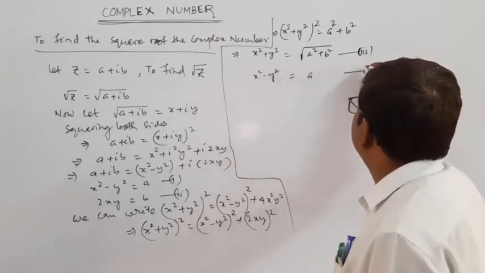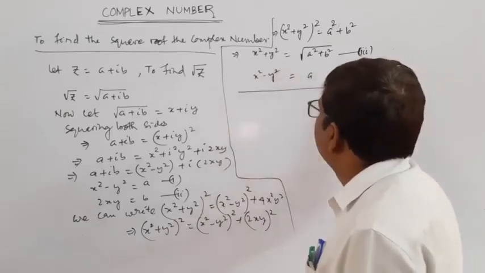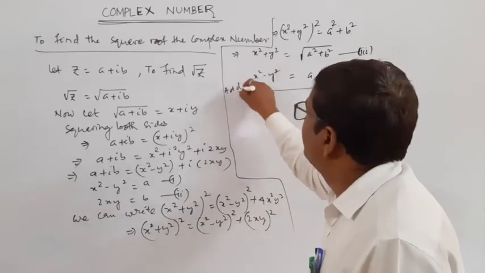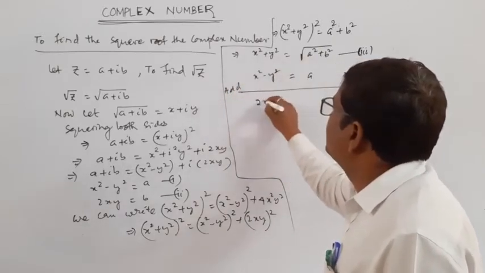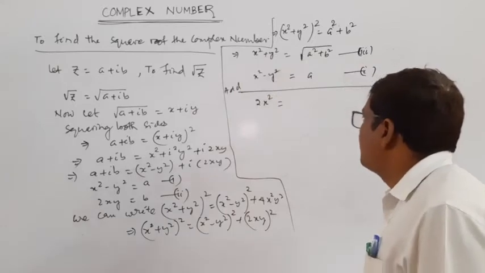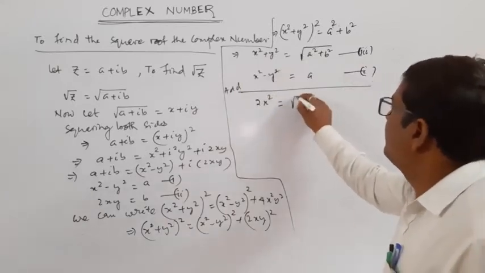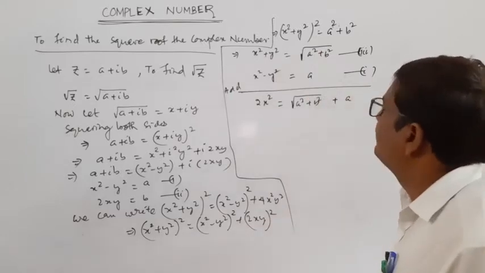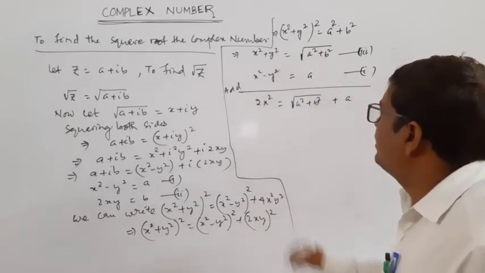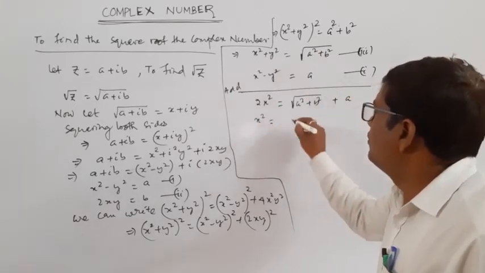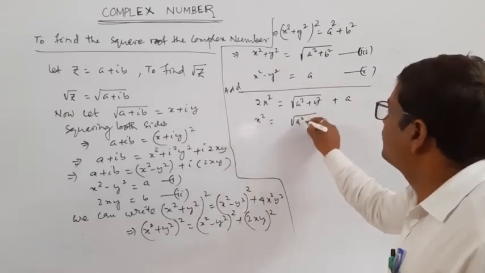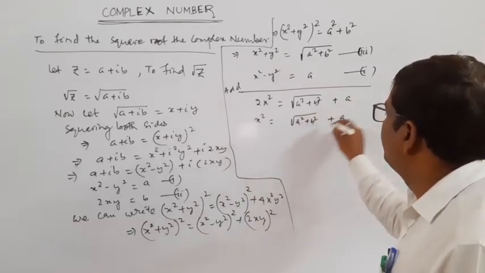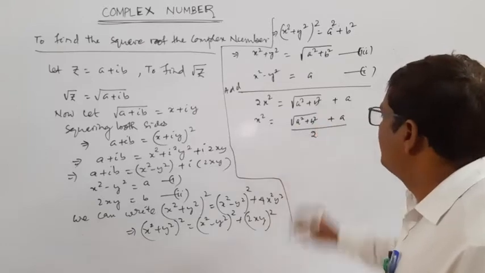Adding, y² gets cancelled, so 2x² is equal to the square root of a² + b² plus a. Now x² is equal to (square root of a² + b² plus a) divided by 2.